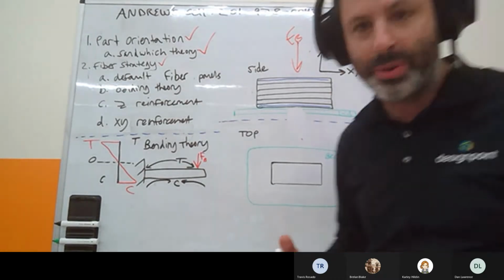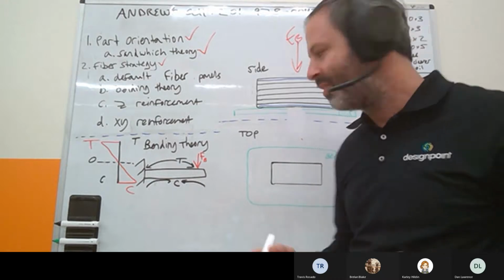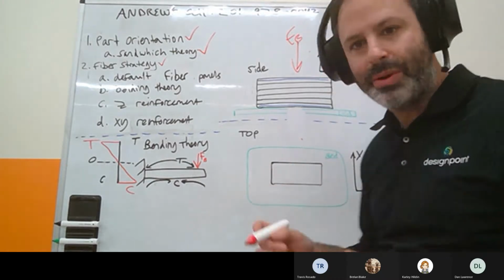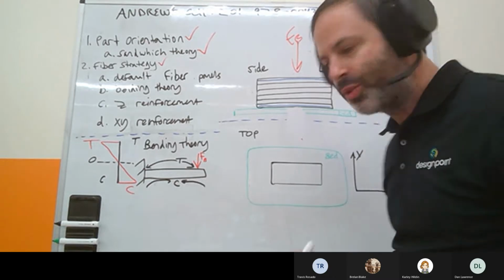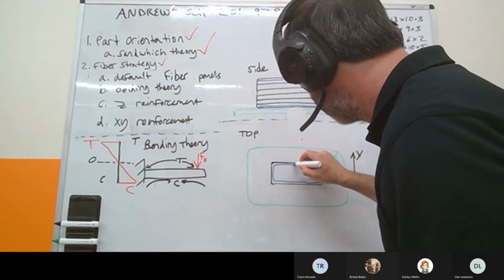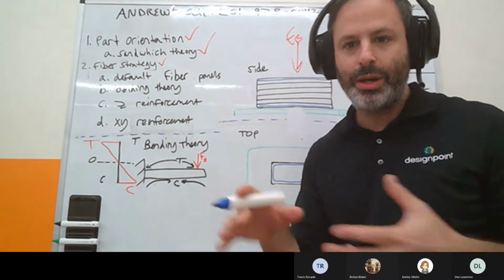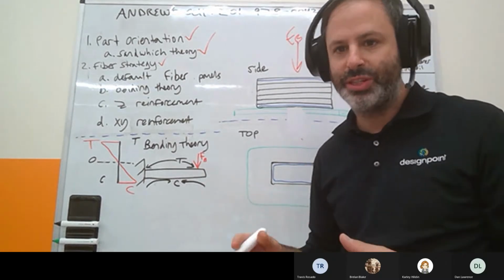And what kind of fiber do you use, right? There's two types of fiber. You have what's called concentric fiber. Concentric fiber goes around the perimeter of a part, and it can actually encompass internal cavities as well.